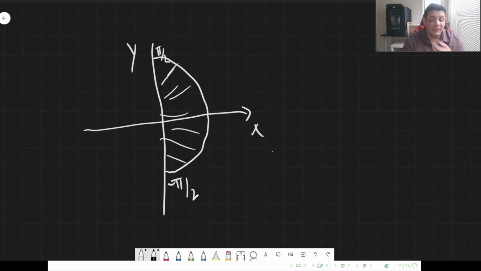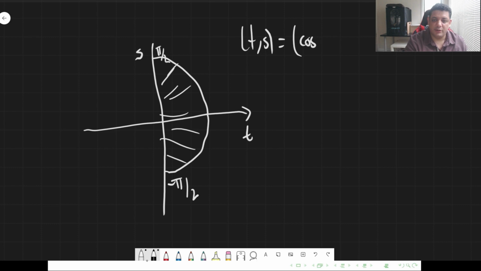Now, if you think about trigonometric functions, remember that we're parametrizing points as x and y, or let me just use a different letter. For coordinates, if we have t and s, the point (t, s) is just going to be the cosine of the angle and the sine of the angle.